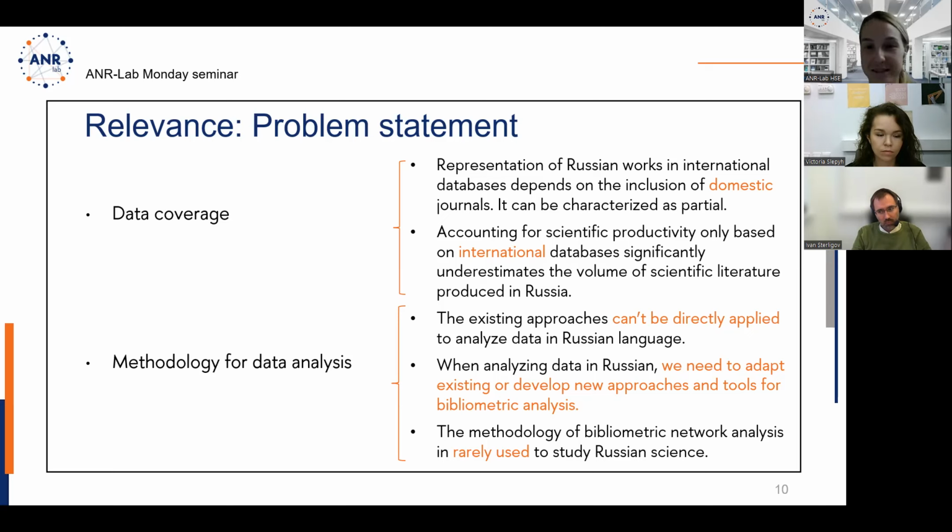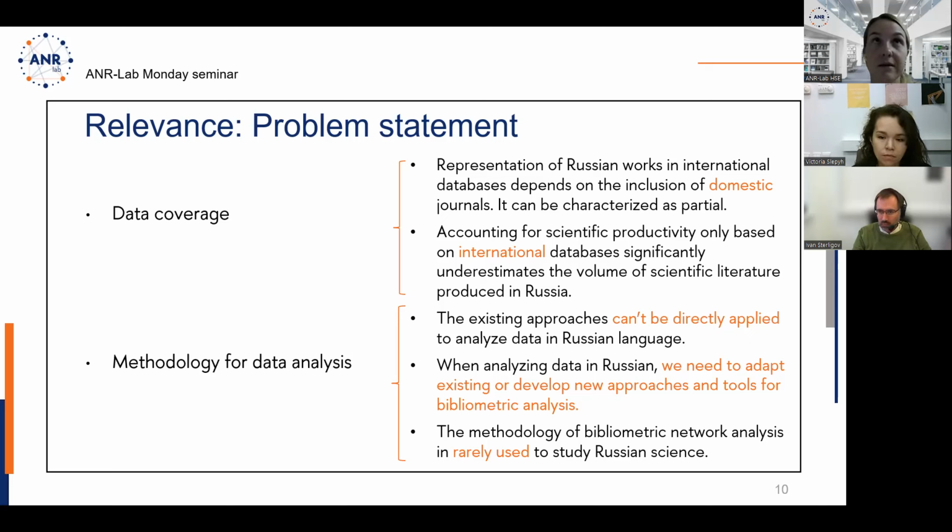There are special algorithms which were used for the English language, and of course Russian is another kind of language, and it's not so easy to directly apply these methodologies to study Russian literature. So we need to adapt existing approaches or even develop new approaches and tools for bibliometric analysis to study Russian literature.